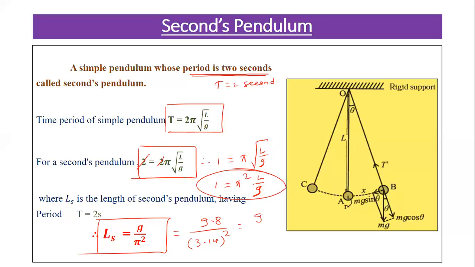So 9.8 divided by 3.14 squared is, I think, 9.84, so it is coming 0.99 meter, meaning approximately 1 meter. So simply you can remember here, if the length of the simple pendulum is 1 meter, then we get a period of about 2 seconds.